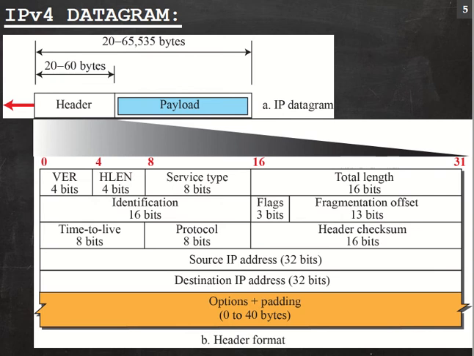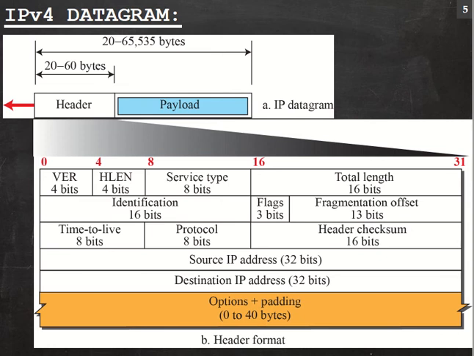Now the next field is protocol. We know each layer has different protocols to work with. The protocol field here is 8 bits. A datagram can carry a packet belonging to any transport layer protocol such as UDP and TCP. Along with the data it receives from the transport layer, the network layer carries all those packets related to TCP or UDP.